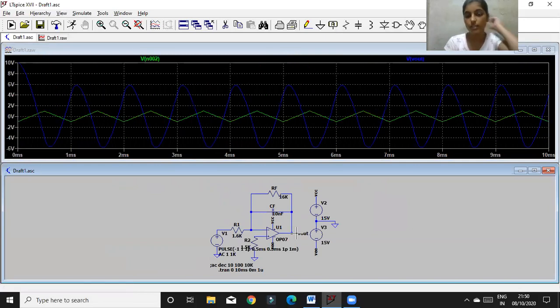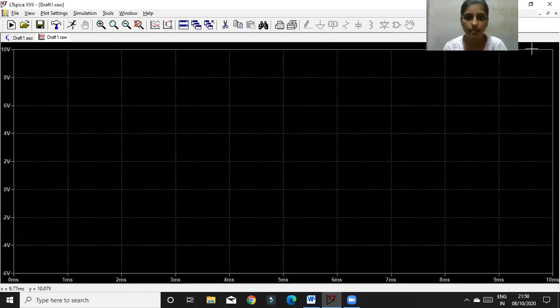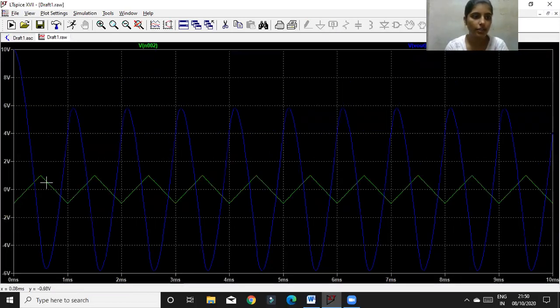Here my input is a triangular wave and my output is a sine wave, with a little spike here. My input triangular wave is around 1 volt, which is 2 volt peak to peak, and my output is around 5.845 volts, like this, which is a sine wave.